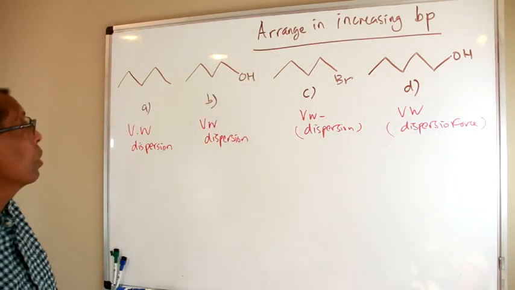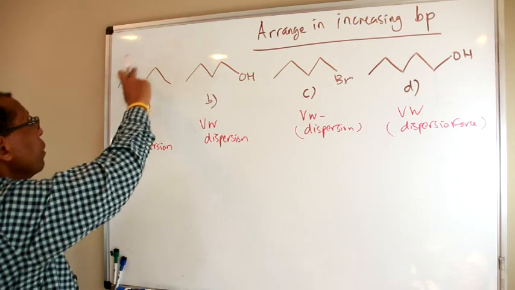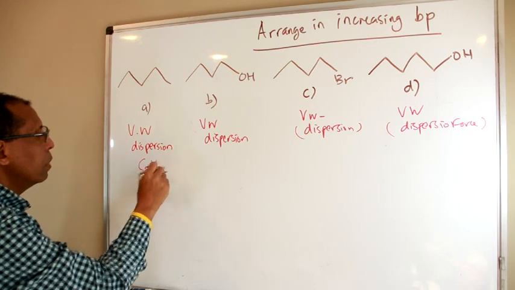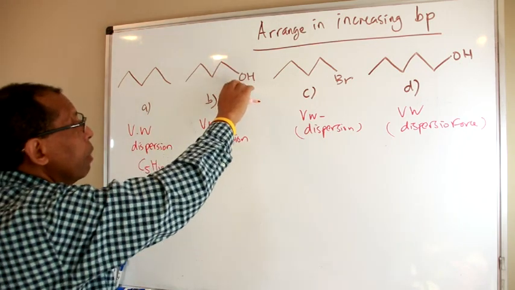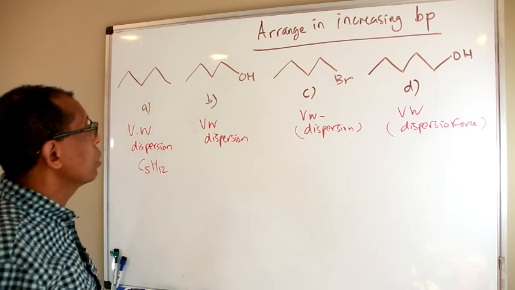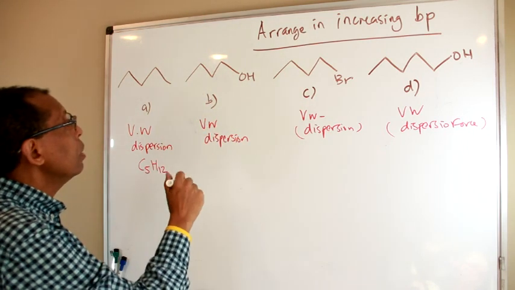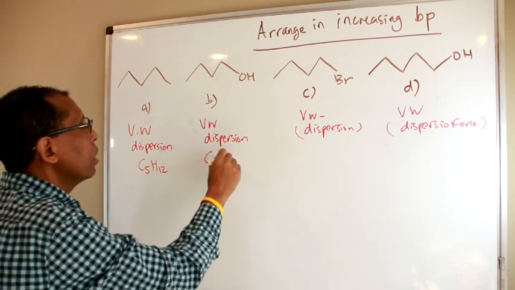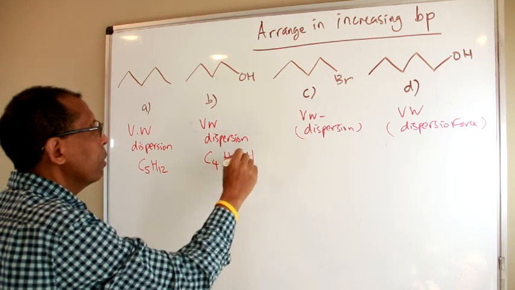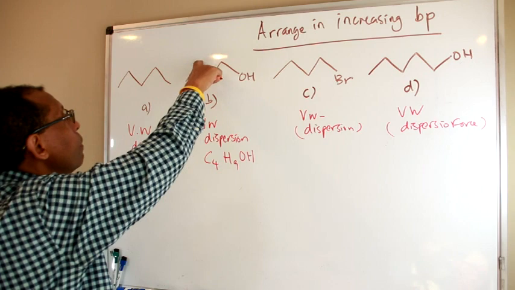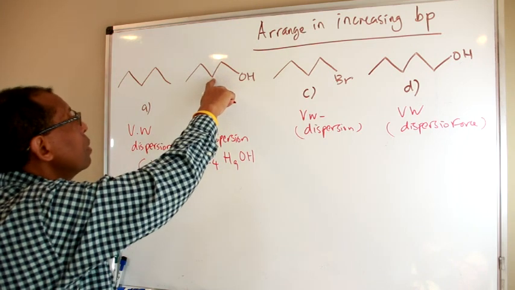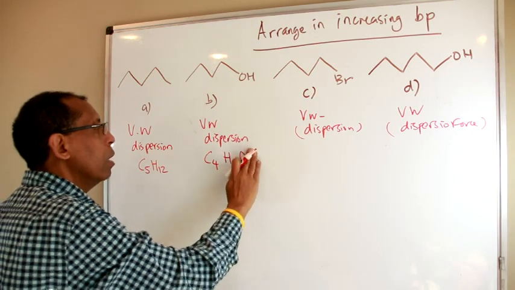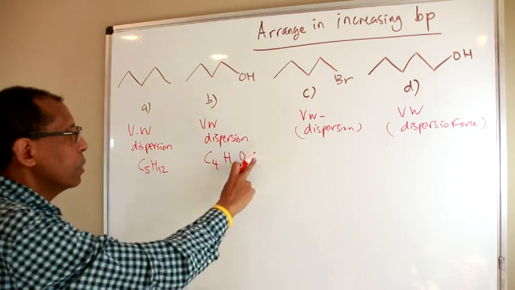But if you just look at the chain lengths, here we have a 5 carbon length, which is C5H12. Here we have 4 carbons, but you have oxygen, so in terms of dispersion forces, they would be comparable. So this is a C4H9OH, I believe, which is C4H10O.